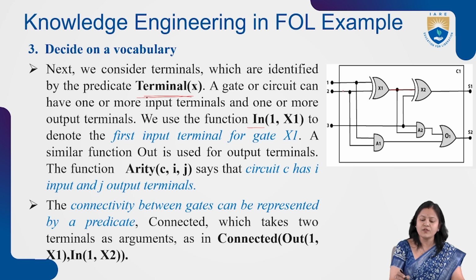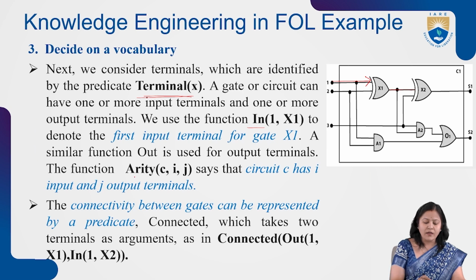Which one? This one. Similarly, we can write in 2 comma X1, meaning the second input terminal to X1. So this is the way we define the function in for a particular input to a dedicated gate. So, first input terminal to X1.